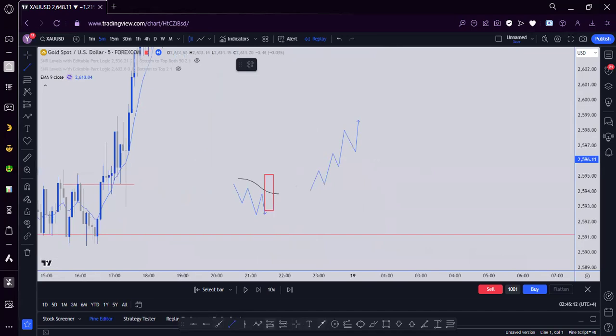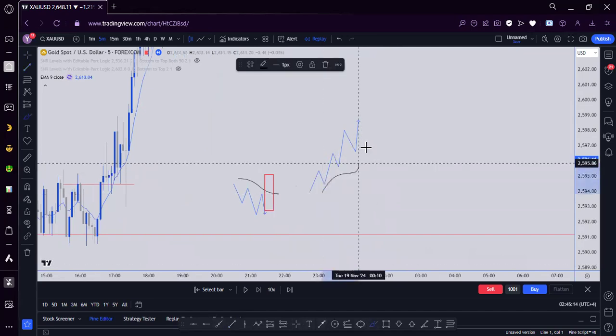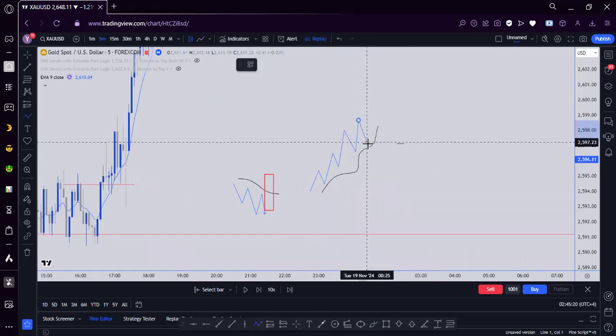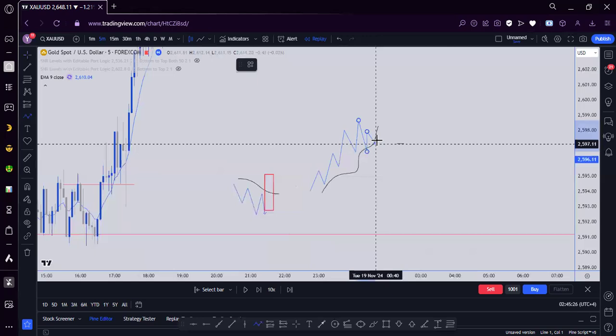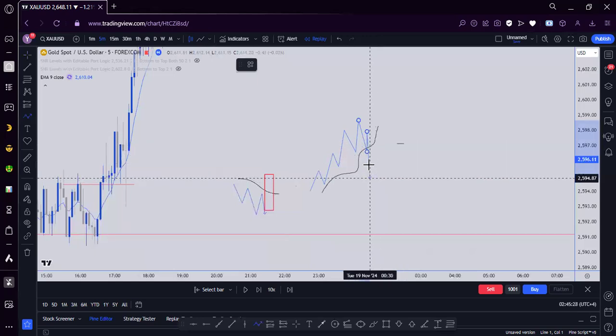If the EMA looks like this already, you just need to wait until the price rejects from the EMA and closes above for the first 5-minute candle. If the price breaks under the EMA, the setup will be failed.